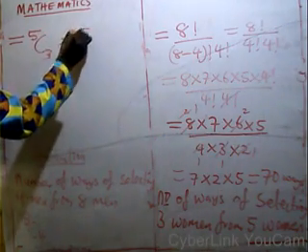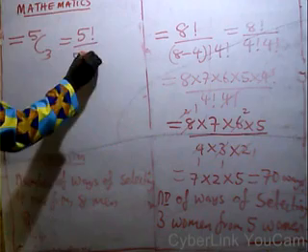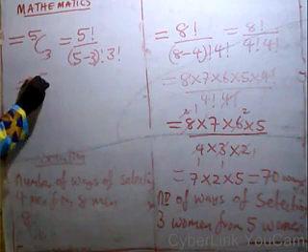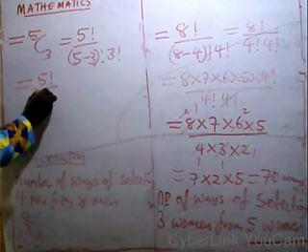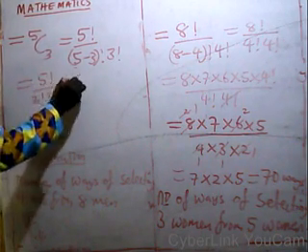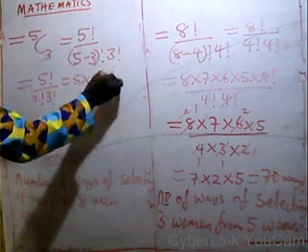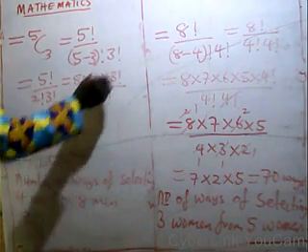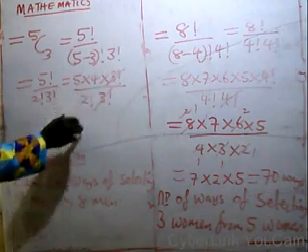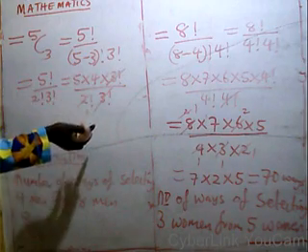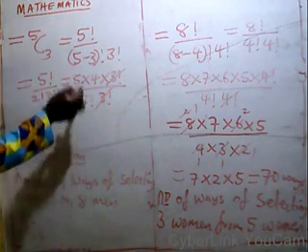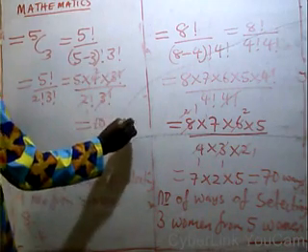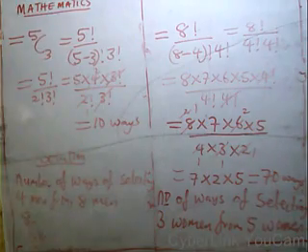And that is 5 factorial all over 5 minus 3 factorial, 3 factorial, and that is equal to 5 factorial all over 2 factorial, 3 factorial, and that is 5 times 4 times 3 factorial all over 2 factorial, 3 factorial. This and this will go. 2 factorial is 2 times 1, which is 2. 2 here, 1, 2 here, 2. 2 times 5, 10. So we have 10 ways of selecting 3 women from 5 women.